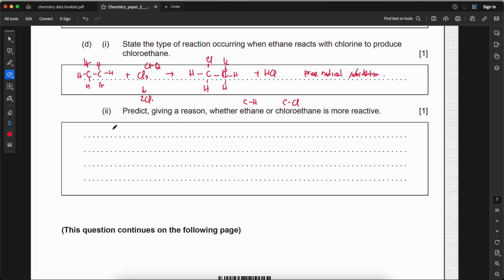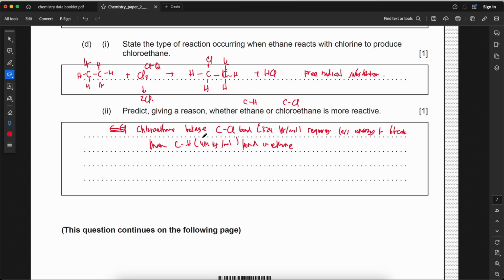The one that is more reactive is chloroethane, because the C-Cl bond requires less energy, only 324 kilojoule per mole, to break than C-H, which is 414 kilojoule per mole in ethane.